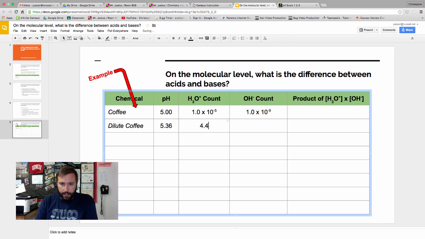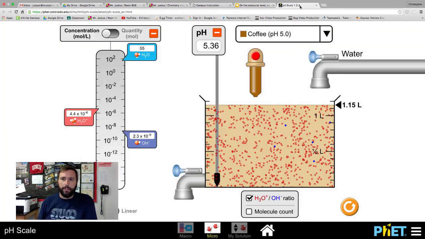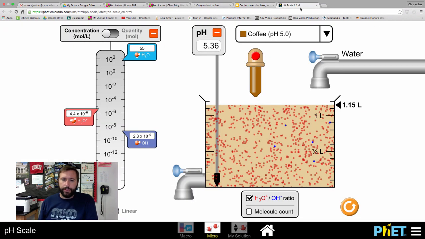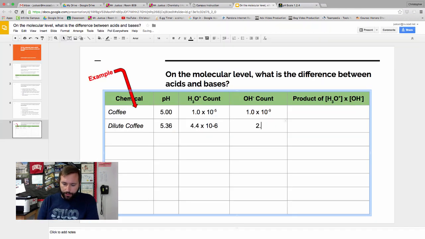The concentration of hydronium, I believe, was 4.4 times 10 to the negative sixth. And the other one's 2.3 times 10 to the negative 9th.